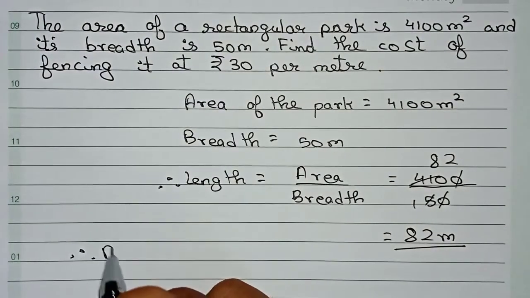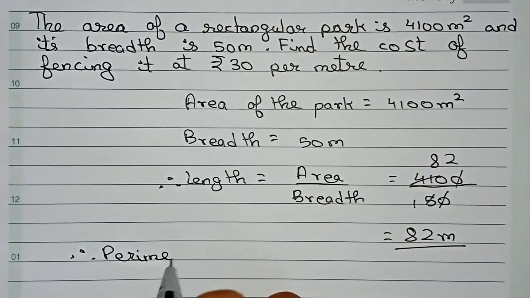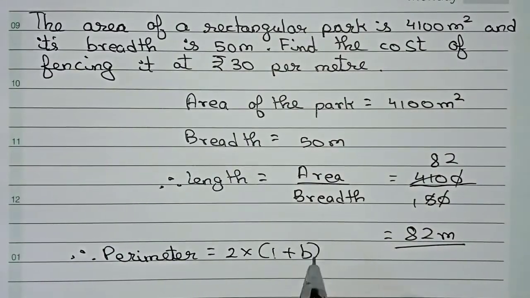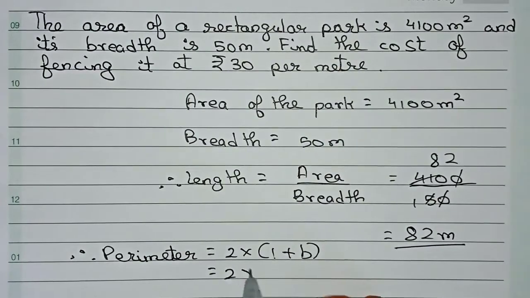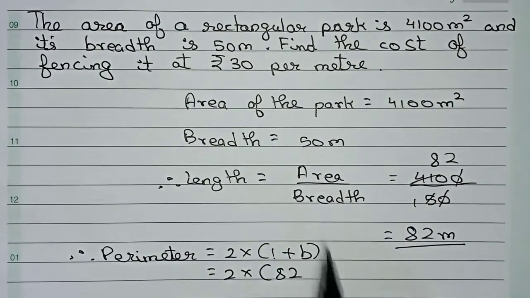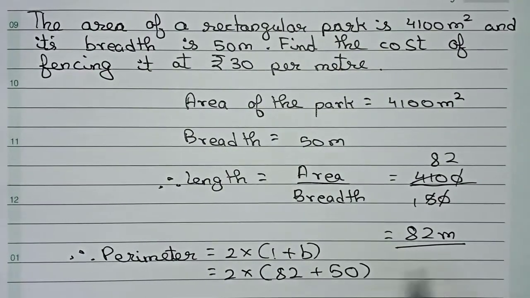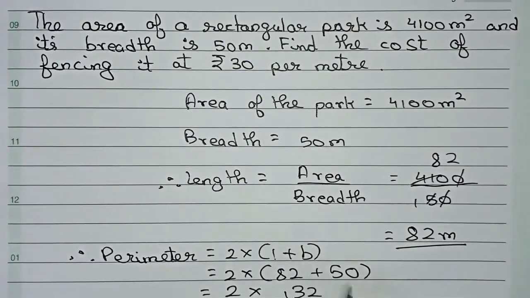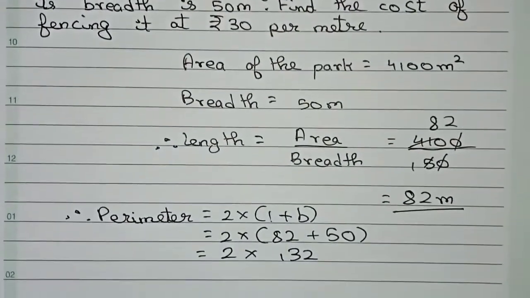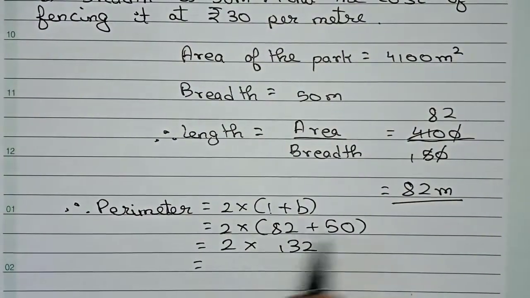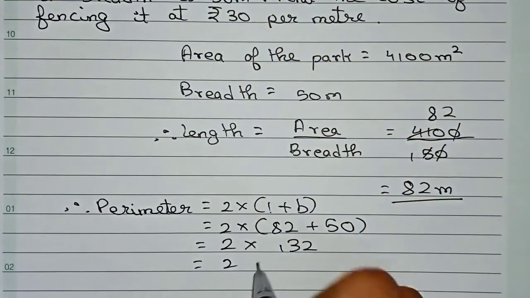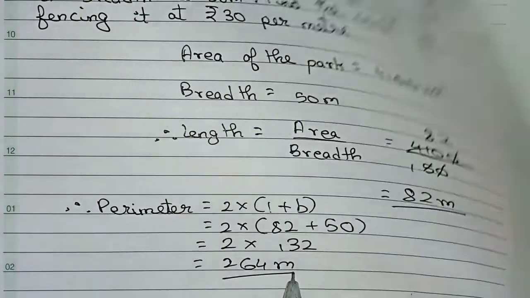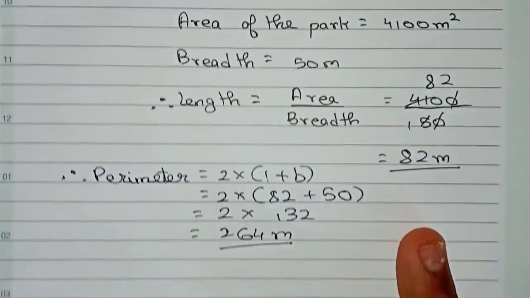So write perimeter equals, the perimeter formula is 2 into length plus breadth. It becomes 2 into 82 plus 50, which is equal to 2 into 132. 82 plus 50 becomes 132. Now 2 into 132 is equal to 264 meter. So this is the perimeter of the field.